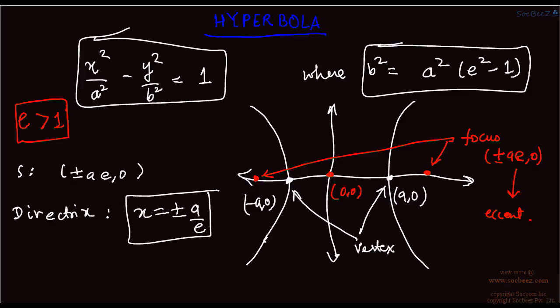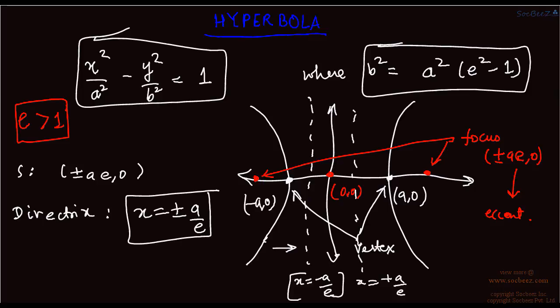There are two directrix, x equals minus a by e and x equals plus a by e. As e is greater than 1, this point will be shorter from minus a comma 0, and from plus a comma 0 this will be shorter. So that's why directrix is plus minus a by e.